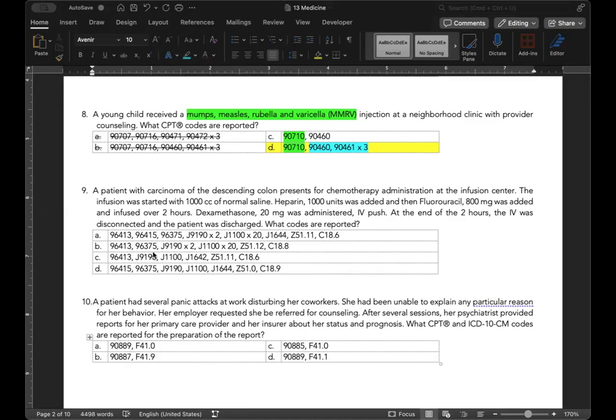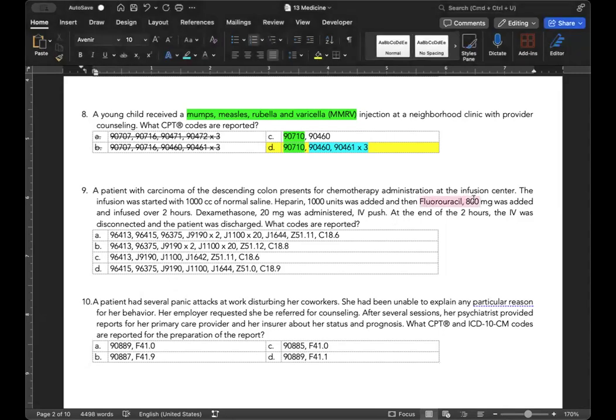We have all 4 options have J9190. However, if you notice, 2 of them have 2 units and 2 of them have a single unit. So let's go to the J9190. The code description for J9190 is for the injection of the Fluorosil, and it's 500 milligrams.